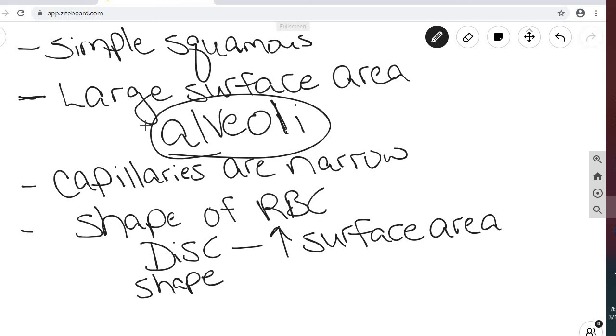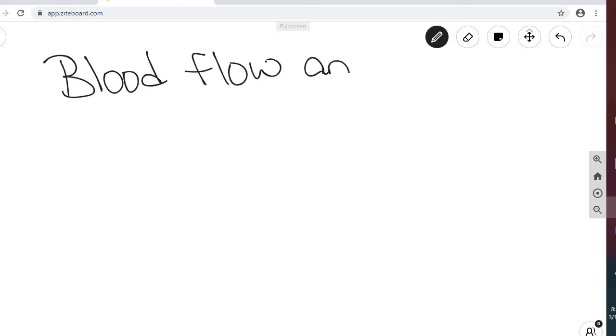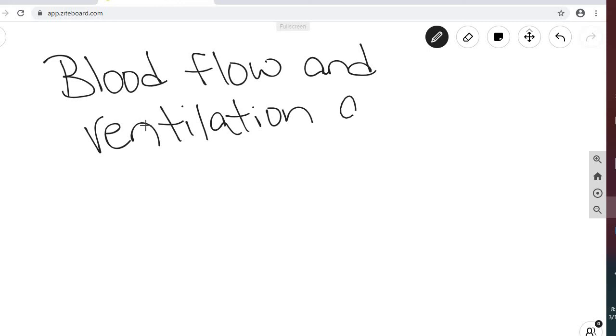The other thing that's really, really important for respiration is that blood flow and ventilation, or breathing, are coordinated.